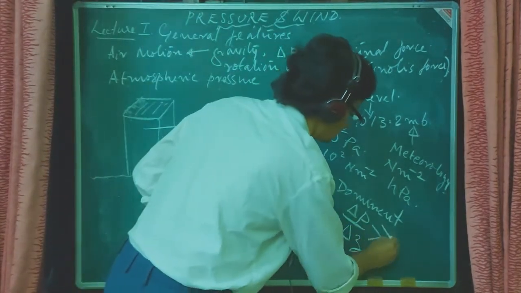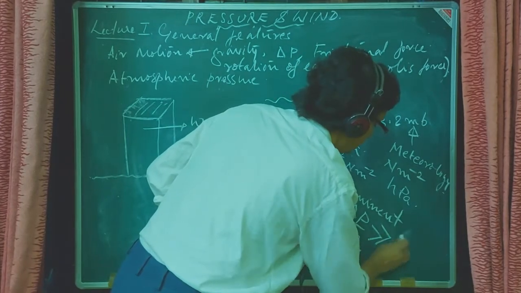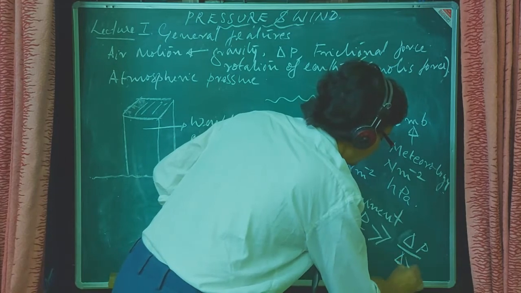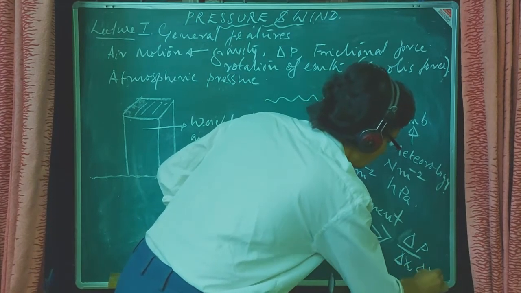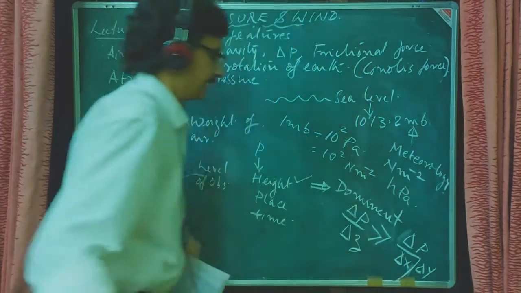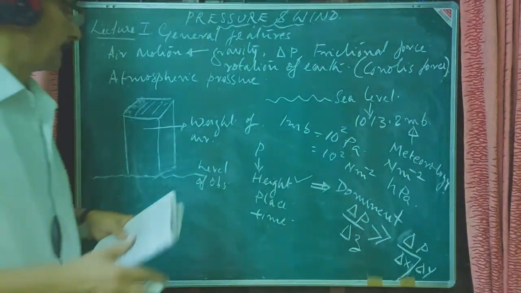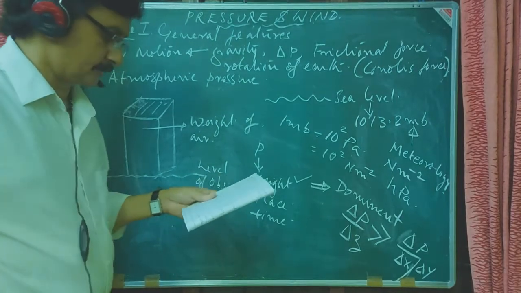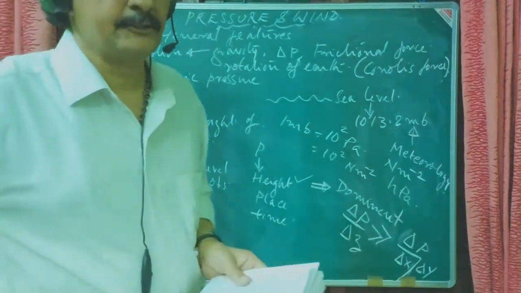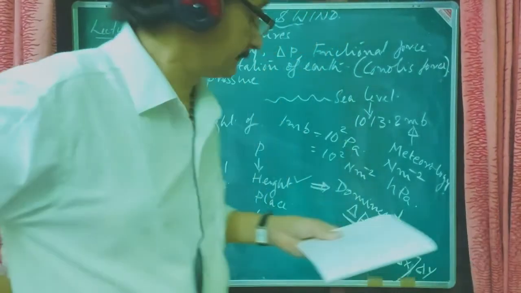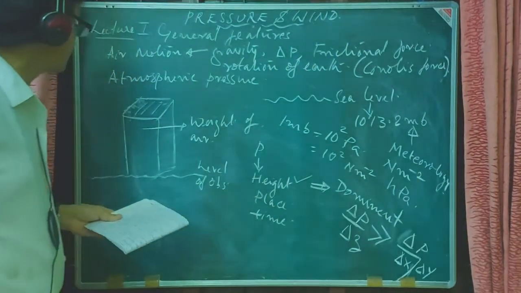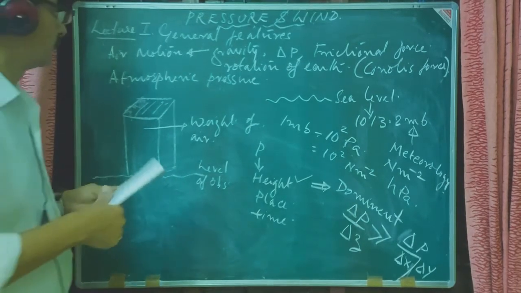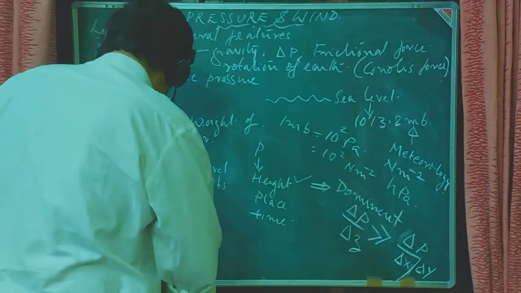It is very much greater than, say, delta P by delta X or delta Y. And the vertical variation of pressure is happening due to the compressibility of air, and this compressibility of air is the sole agency for the variation of pressure with height.